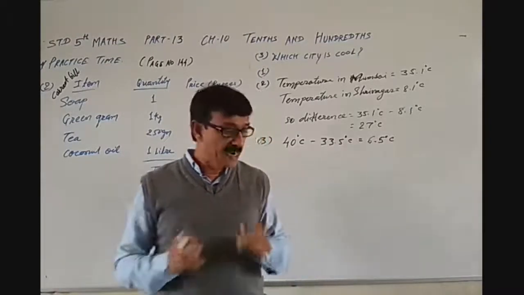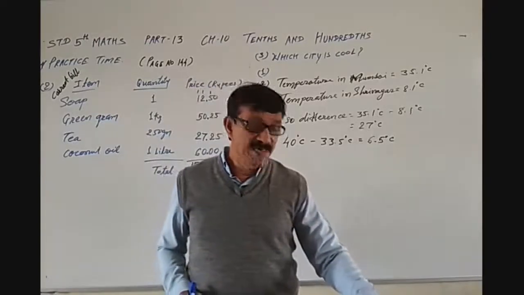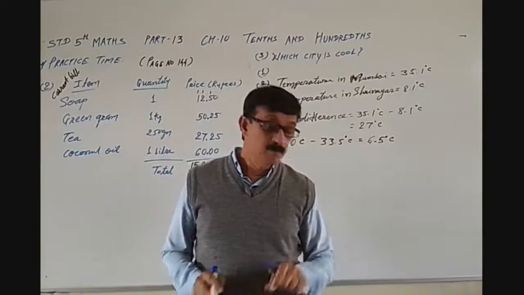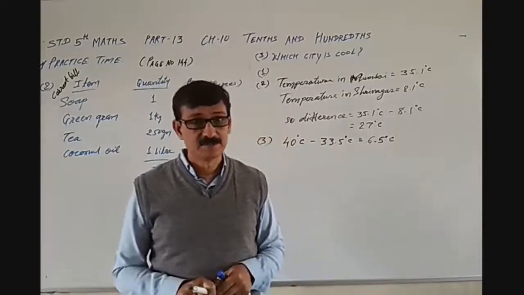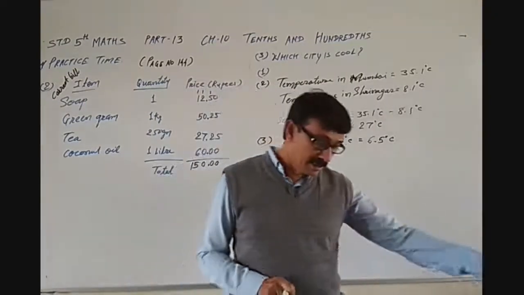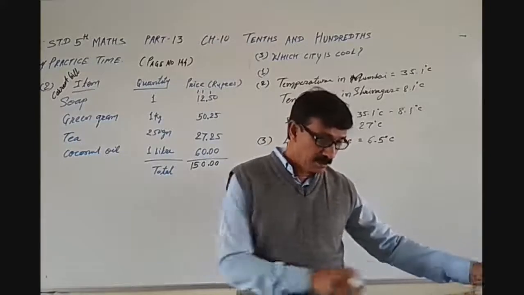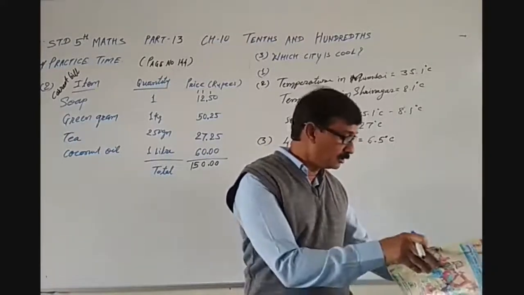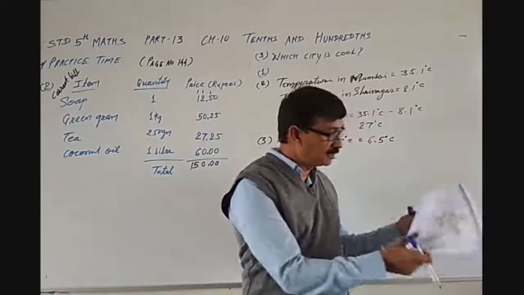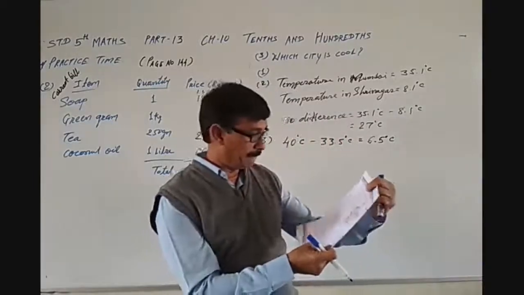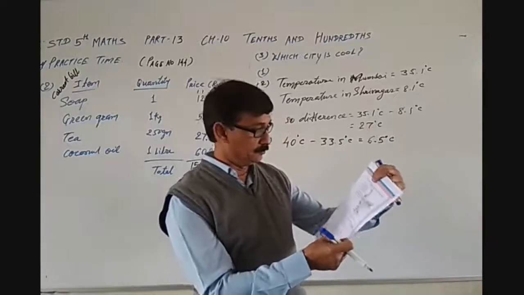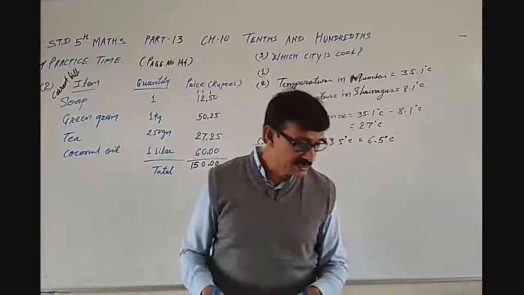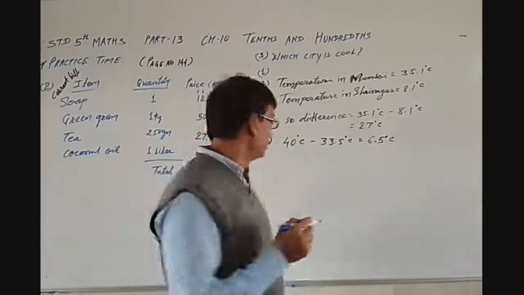First of all, you will write: temperature in Chennai is equal to 29.9 degrees Celsius. And temperature in Kolkata is equal to 26.6 degrees Celsius. So the difference.